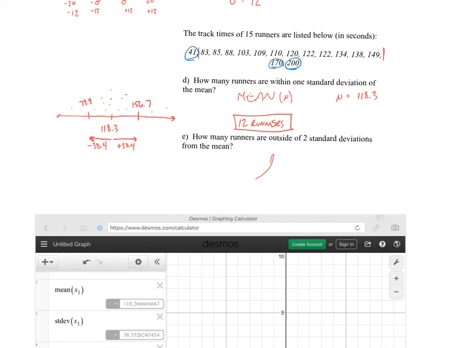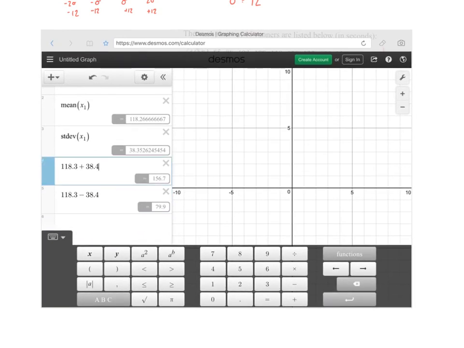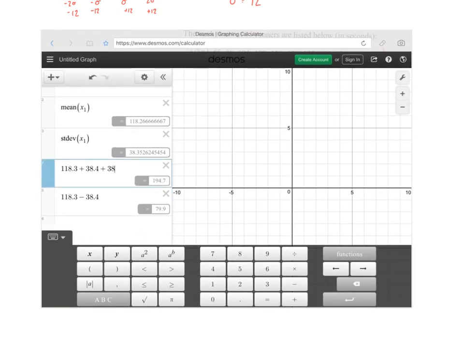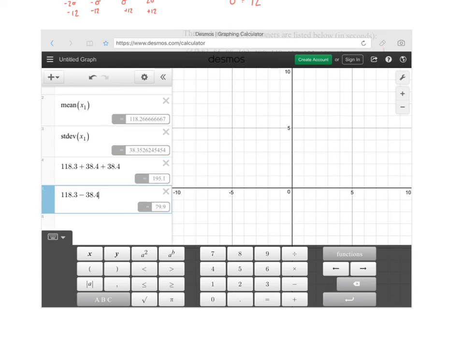How many runners are outside of 2 standard deviations from the mean? So right now this is 1 standard deviation, but I could go up another one if I added another 38.4, and I could go down another one if I subtracted another 38.4. So let's see if there are any runners outside of this range. I can come back here, and I can just add another 38.4 on here, and I get 195.1, and I can take away another 38.4 here, and I get 41.5.